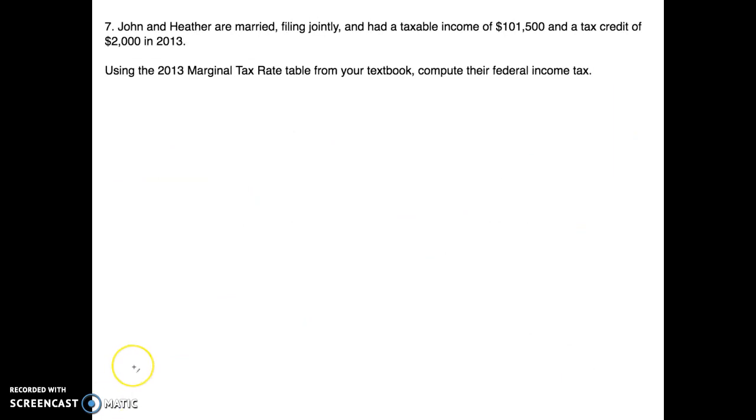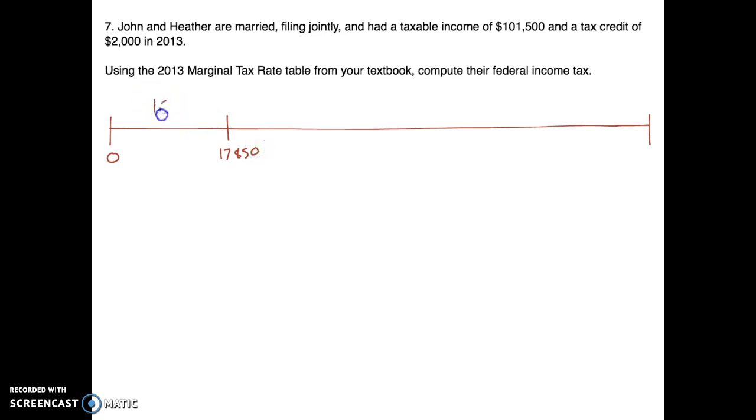Okay, this next one's the same type of thing, except they're going to file jointly. So we're looking at another column. On this one, we're looking at that second column, married filing jointly. And we'll just do the cutoffs for this. So here's our 0. And then the 10% goes up to 17,850. So this is 10%.